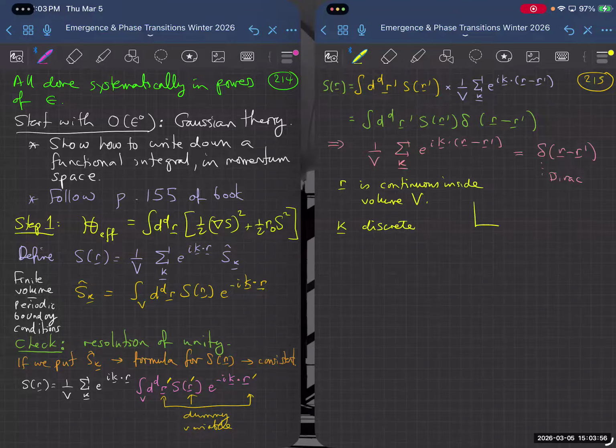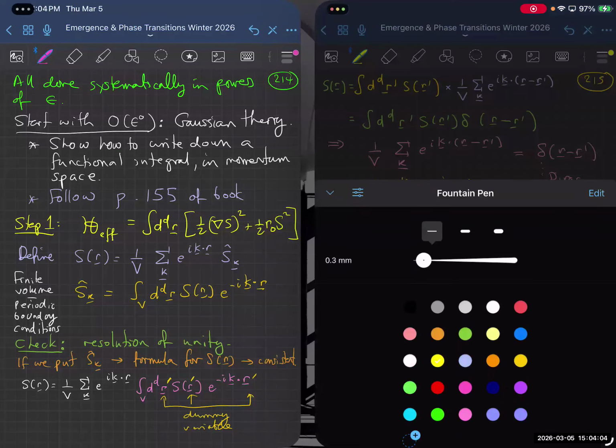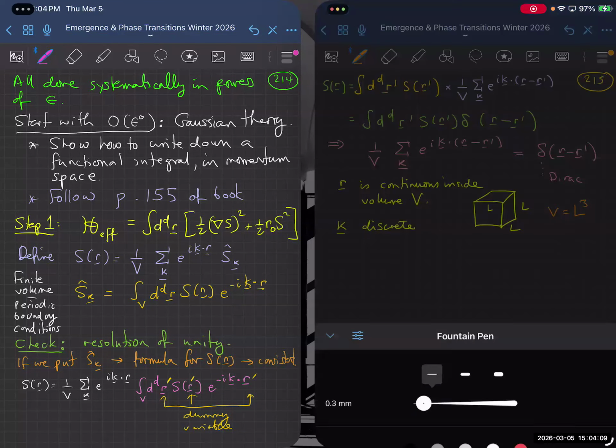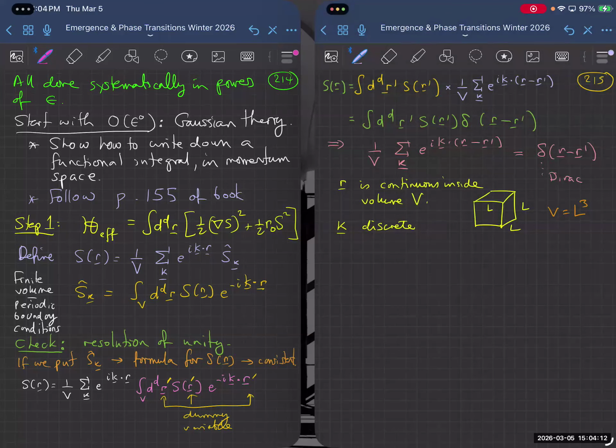And if I think of the volume as being like this, so there's my volume, then I have that V is equal to L cubed, and k has to be discrete, and that means that the k values have to be 2 pi over L times integers n, in 1 and 2 up to however many dimensions I have, where the n's are integers.